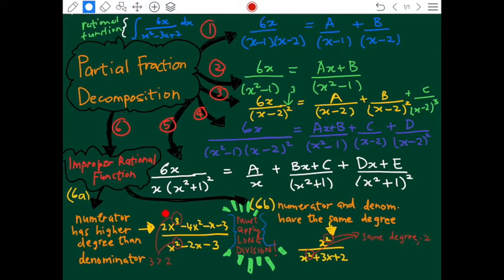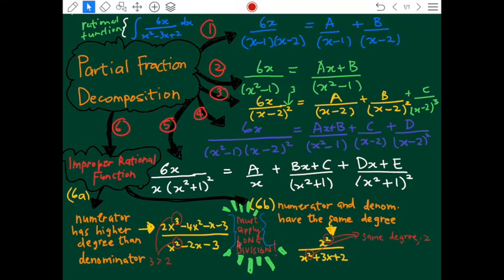So when you encounter an improper rational function for type 6, remember that you cannot straight away decompose like the previous 5 types here, but instead you must apply long division.